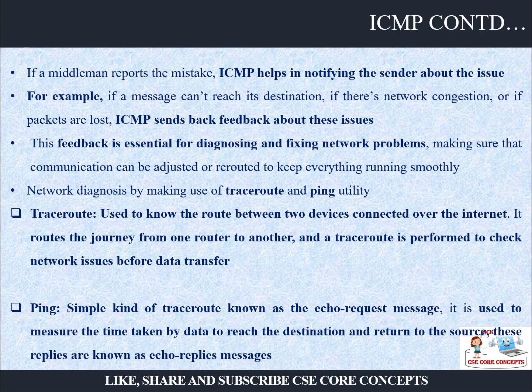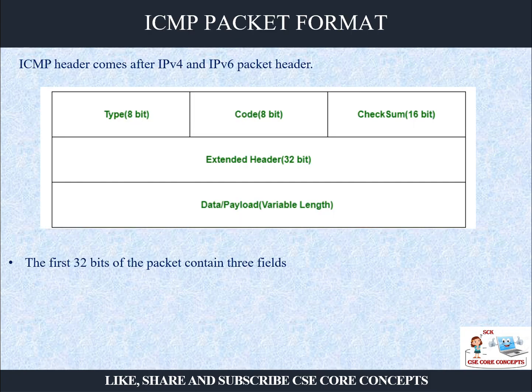If you want to see whether your destination host is active or not, you simply generate some dummy packets, ping it, and it will come back to you. You can measure the time taken to reach the destination and come back to you. That will help you fix network problems, whether the network is fine or whether there is some sort of congestion.